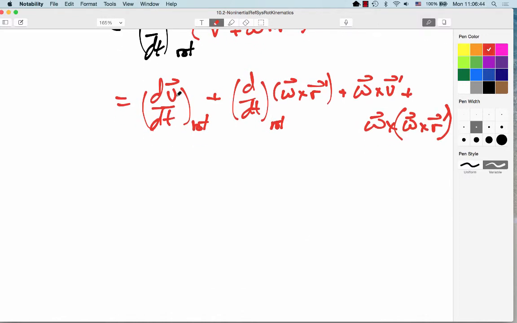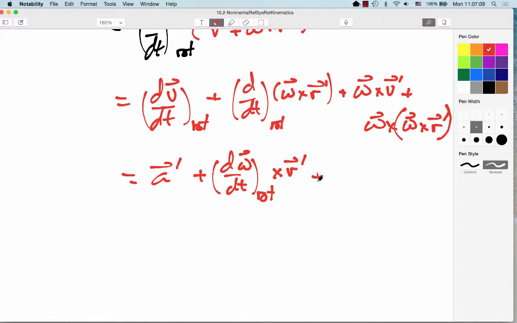Okay, now this is the acceleration as measured in the rotating frame. Now to do this derivative, we've got to distribute it across, so this will become d omega dt as evaluated in the rotating frame, crossed into r prime, plus omega cross.